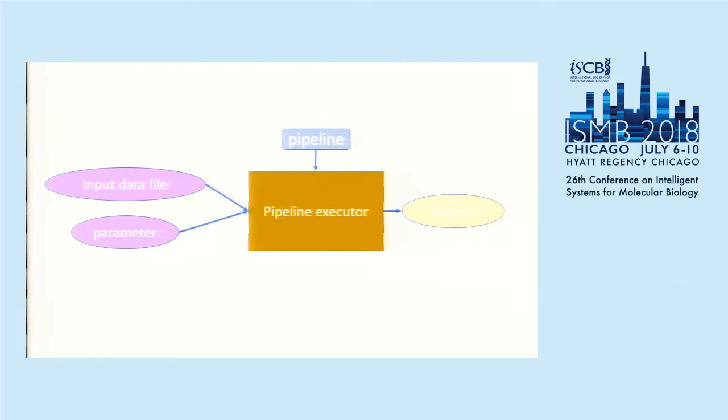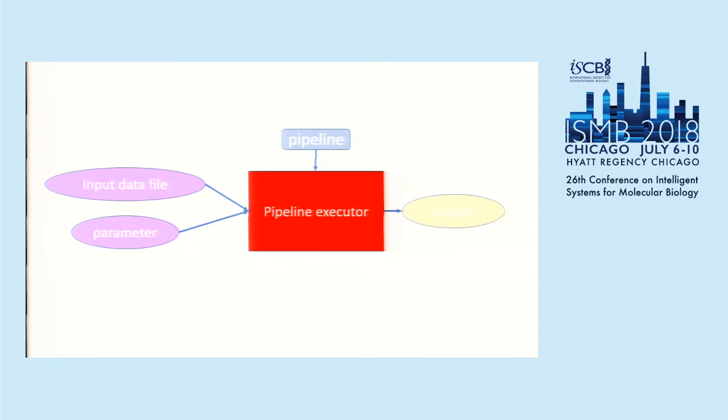And what's even better is, in this case, you can simply change the pipeline executor without changing the pipelines themselves. So your 100 pipelines will be the same, and when you change the pipeline executor, you'll be able to run the same set of pipelines on different platforms. Or you can even upgrade the pipeline executor so that it can run faster or more efficiently, add new functions, new features.